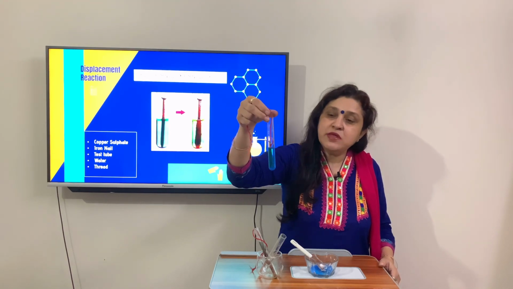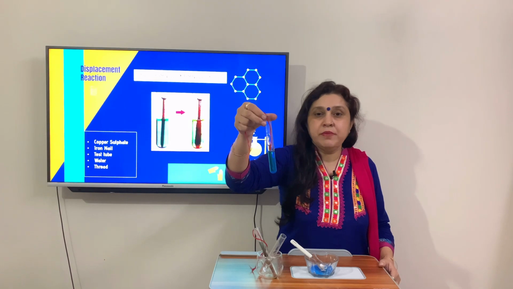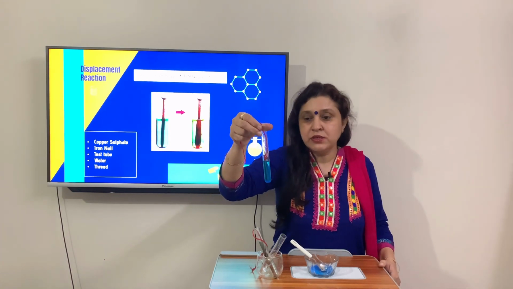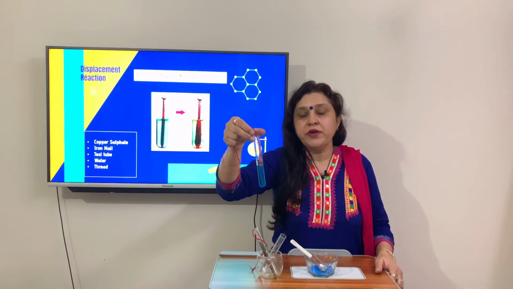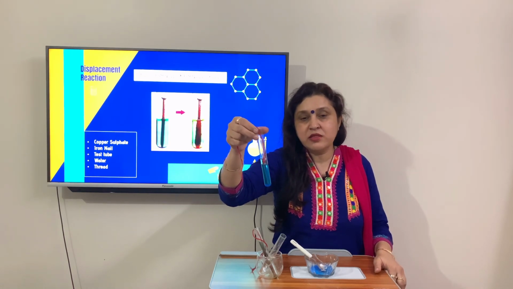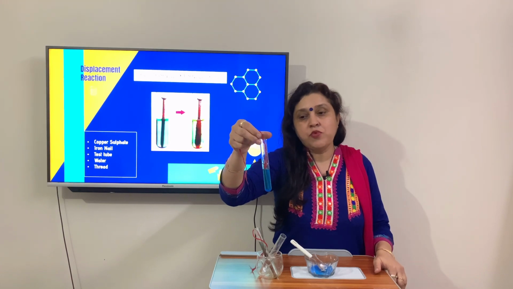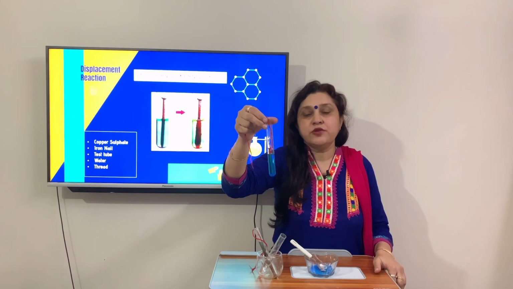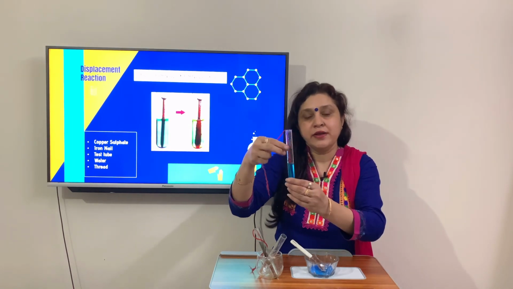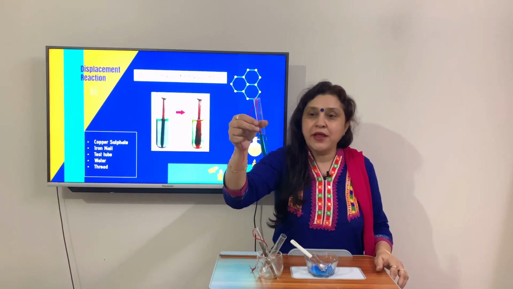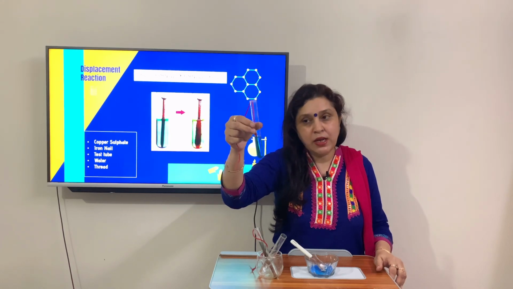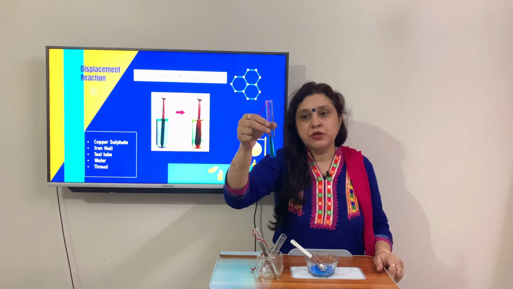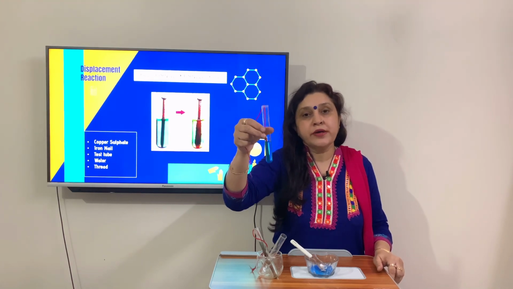And we will keep this setup for 20 minutes, and after 20 minutes we observe that iron, being more reactive, displaces copper from copper sulfate solution, and the copper gets deposited on this iron nail, and the iron nail turns brown in color, and after some time this blue color solution changes to green.